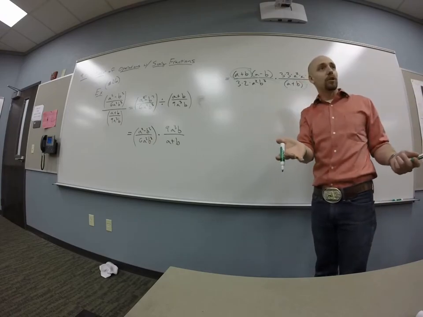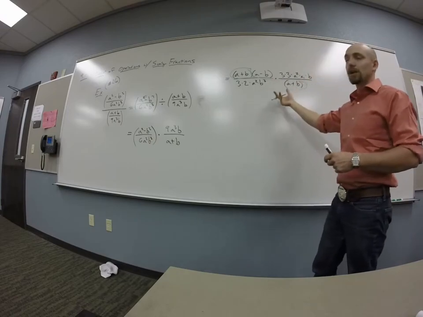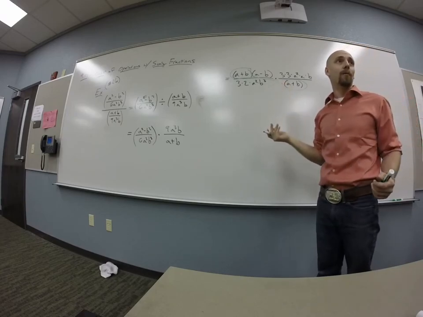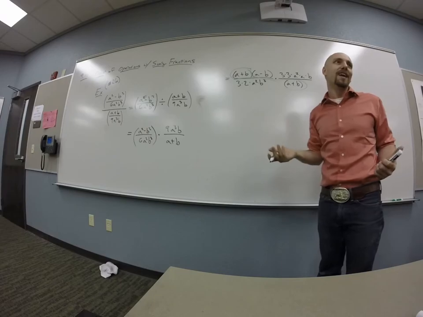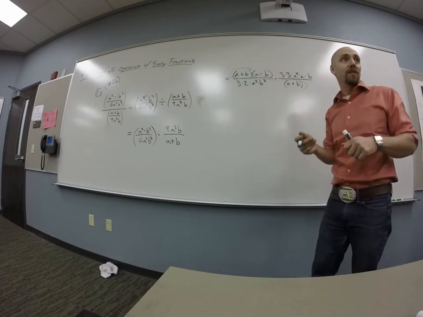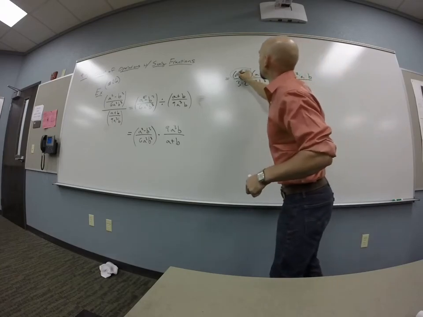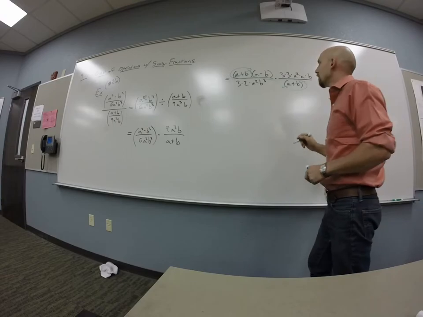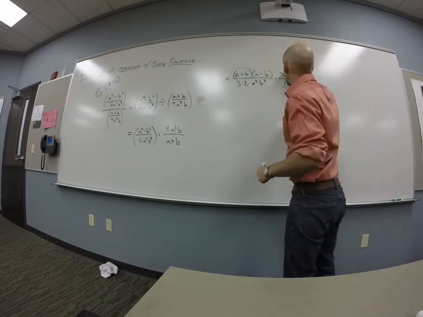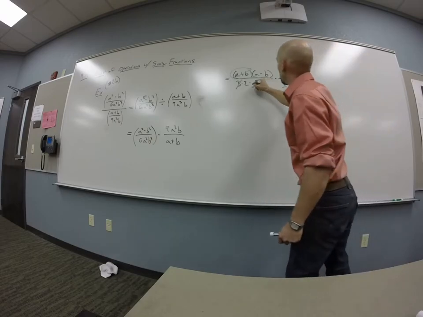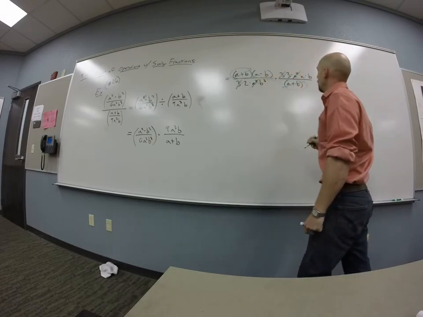It's all multiplication, everything here I'm doing is multiplication, so I can cancel in whatever order I want to. Traditionally, I cancel numbers first, but if we see the a plus b first, get rid of it. So these guys are a onesie. What else? A squared b. There's 3's, this 3, that 3. There's a squared and an a squared.